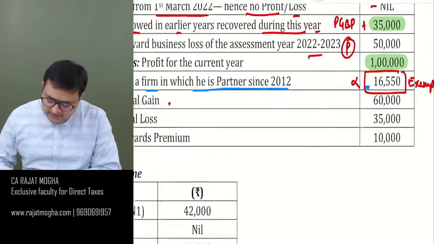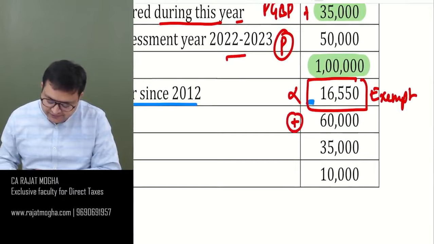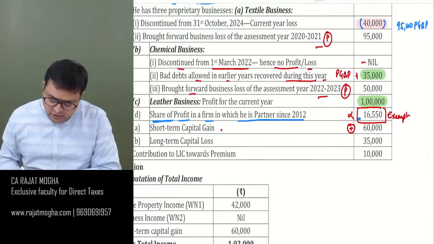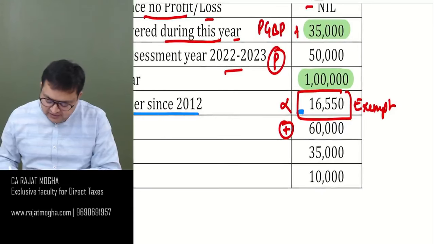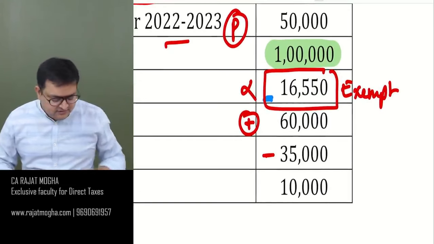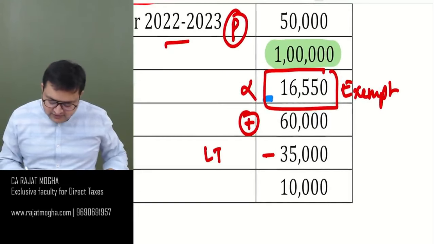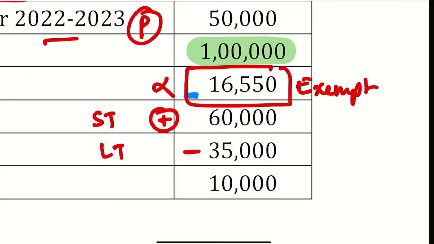Now, short-term capital gain, 60,000 positive. Long-term capital loss, 35,000 negative. What do you think? This is a long-term loss, this is a short-term profit. Can it be set off or can't it be set off? Long-term has more ego. Will he take help from his younger brother?